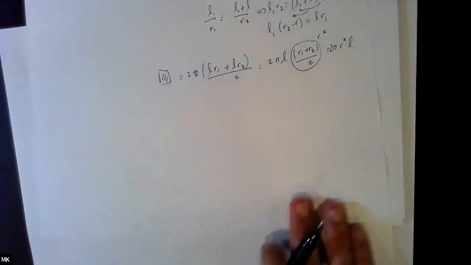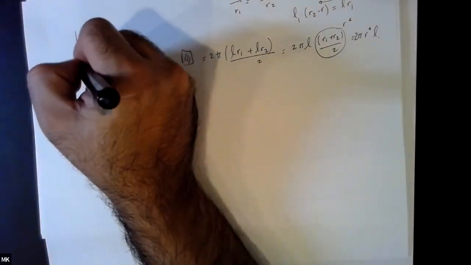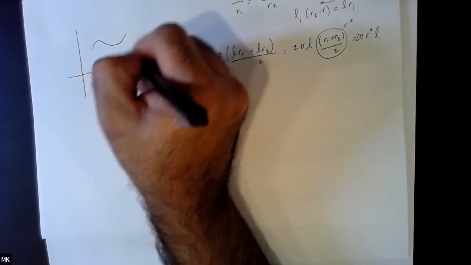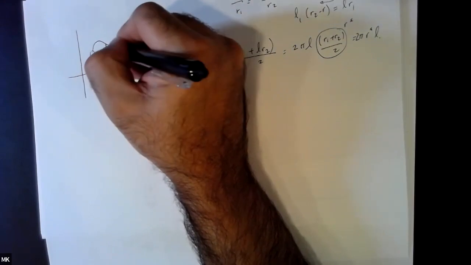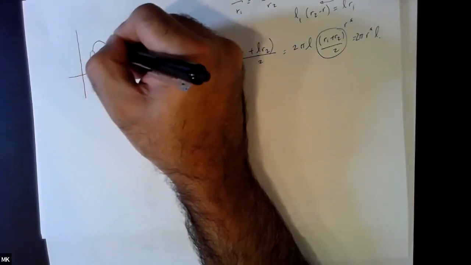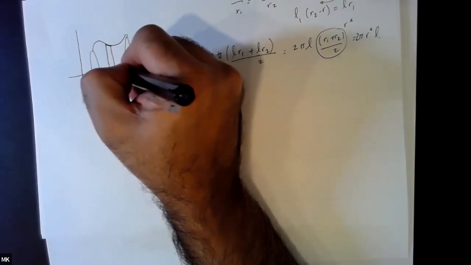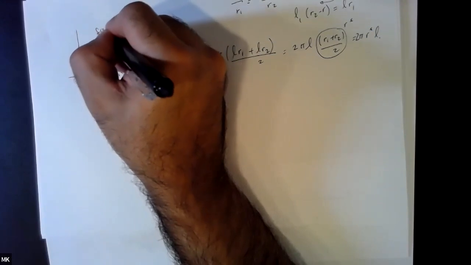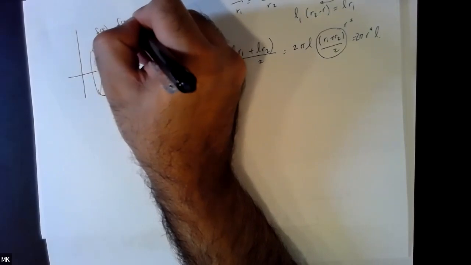Because what is happening really is that when I have a solid of rotation and I want to calculate the surface area of that solid, as I rotate it, each portion looks like a frustum. If this is xi and this is xi plus 1, the radius of this would be f of xi, and the radius of this would be f of xi plus 1.